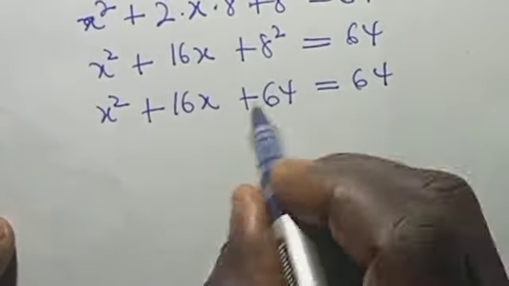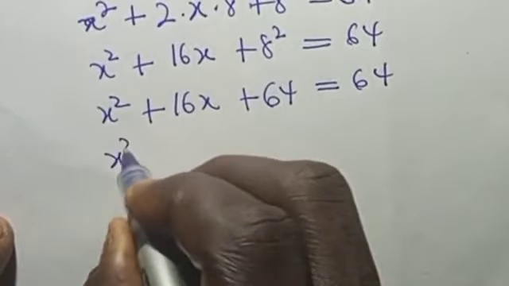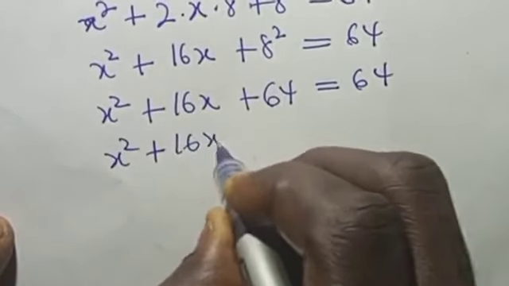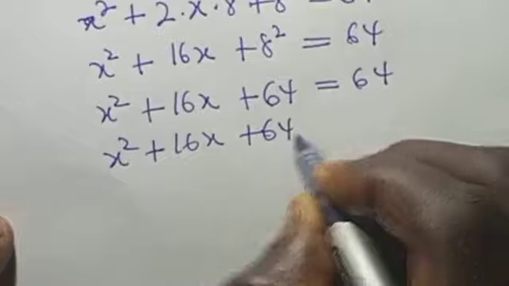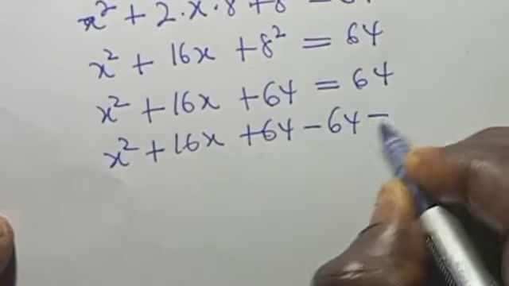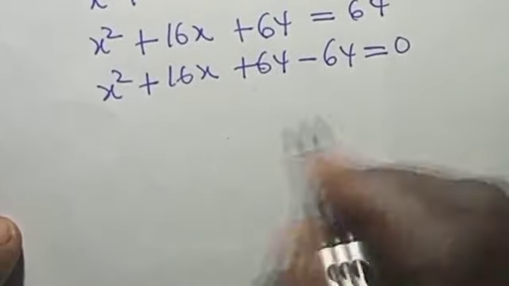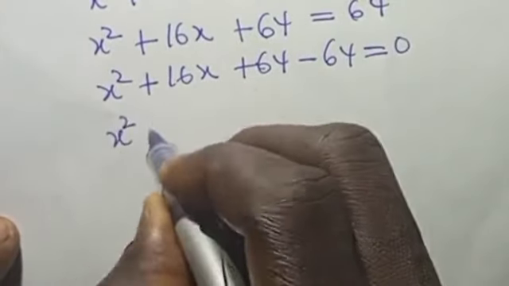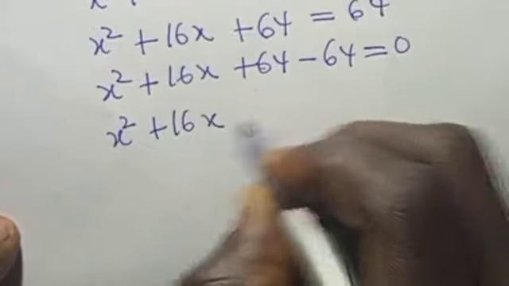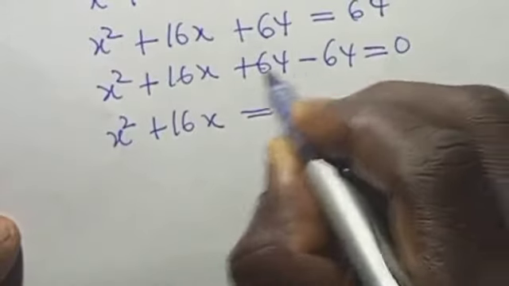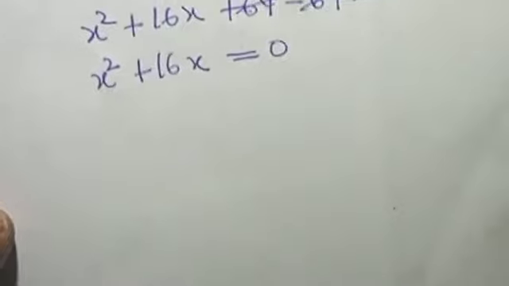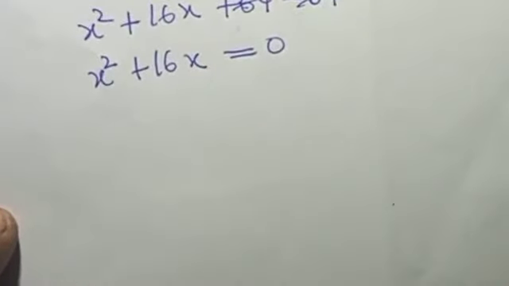So if you bring 64 to the left hand side, x^2 + 16x + 64 - 64 will be equal to 0. So if you do this, we're going to have x^2 + 16x = 0. So 64 can cancel out. Here we can factor out.